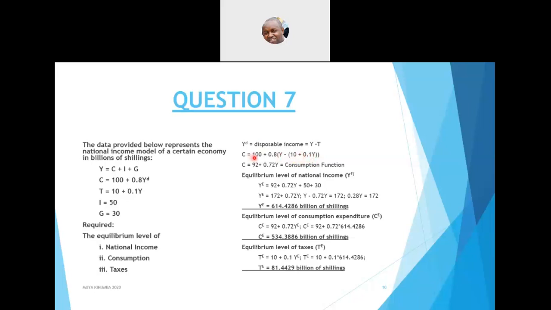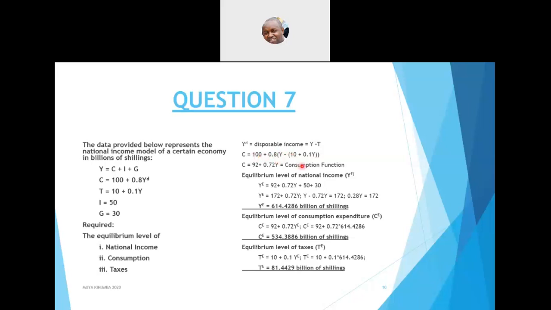It's not written, so you may want to write it down. We'll have 100 plus 0.8 open bracket Y minus 10 minus 0.1 Y close bracket. Now, Y minus 0.1 Y will give us 0.9 Y. So it will be 100 plus 0.8 into bracket 0.9 Y minus 10 close bracket.